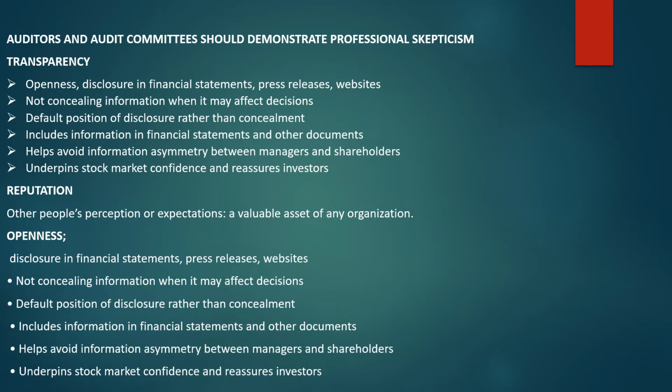Reputation: other people's perception or expectations, a valuable asset of any organization. Openness: disclosure in financial statements, press releases, websites. Not concealing information when it may affect decisions. Default position of disclosure rather than concealment.